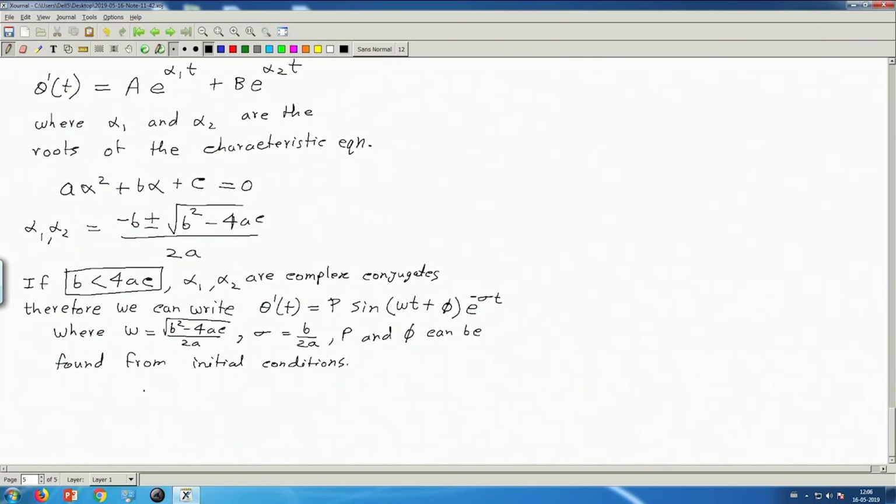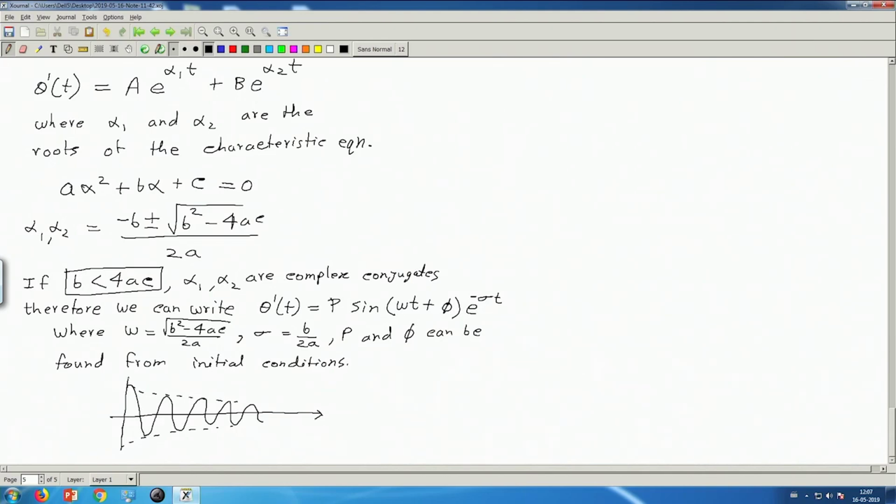So theta prime, okay, it will look like maybe like this, and the initial value will depend on this phi, which will depend on the initial value of theta prime.